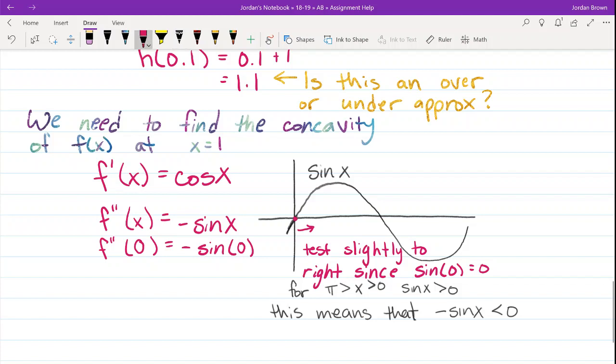So we might not be able to know exactly what negative sine of 0 is, or negative sine of something really close to 0, but we know that f double prime of x is less than 0 for x less than pi but greater than 0. So f is concave down.